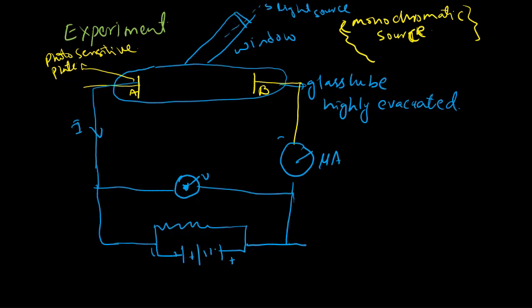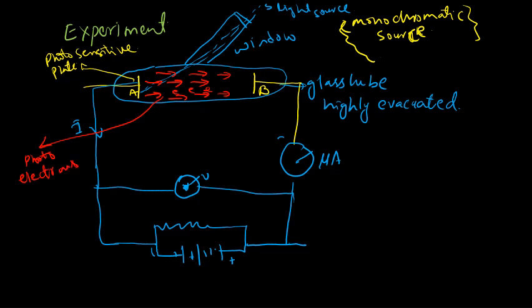So when light falls on this metallic surface from the light source S, as a result electrons are emitted. These are the electrons, and they are called photoelectrons. These electrons start to move towards plate B when a potential difference is developed with the help of the variable voltage source.